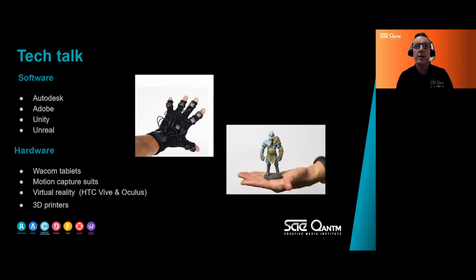The students love them. You're able to suit up, do a dance, run around, and then transpose those movements onto your 3D character. We also have 3D virtual reality headsets, the HTC Vive and Oculus, and 3D printers, which are available on most of our campuses.